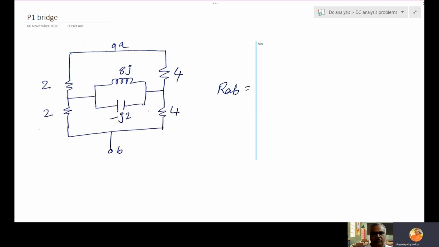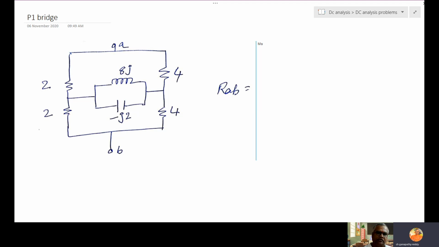They start converting delta into star, both they convert into star, then simplify using series parallel. Like that, they waste a lot of time because this is a complex value, 8J and minus J2.